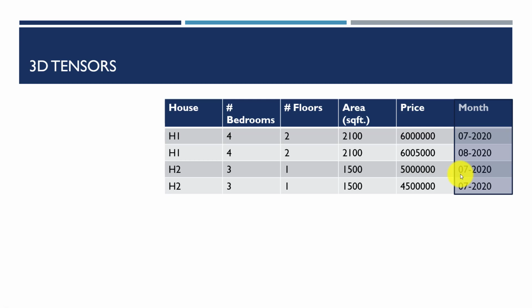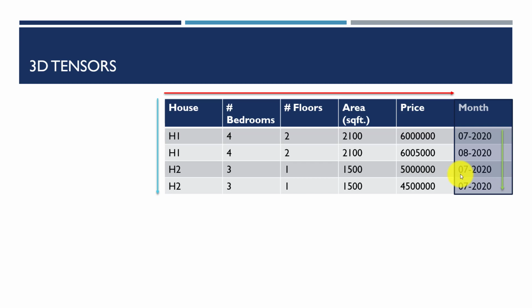If I talk about the dimensions, we still have the individual house level details, right? We have multiple houses, which is another dimension, right? And we have our third dimension, called the month or time.